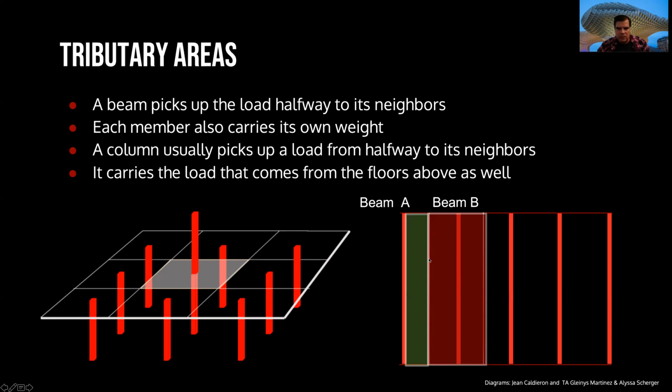We will look at how thick that green material is, how tall and how wide it is, and we multiply by the weight of this particular material, which can be concrete, for example.